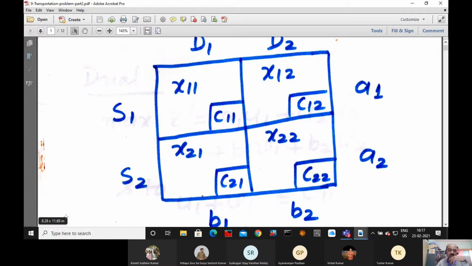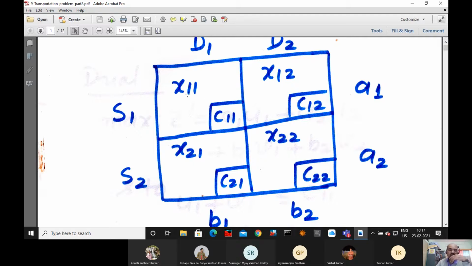Similarly, from source 2 to destination 1, the transportation cost is C21. And from source 2 to destination 2, the transportation cost is C22. Now, we do not know the amount we are transporting, so we have to find that out based on the constraints.